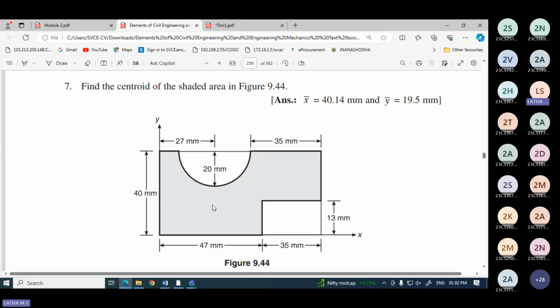So x bar is equal to a1 x1 minus a2 x2 minus a3 x3 divided by a1 minus a2 minus a3. Similarly, y bar equals a1 y1 minus a2 y2 minus a3 y3.